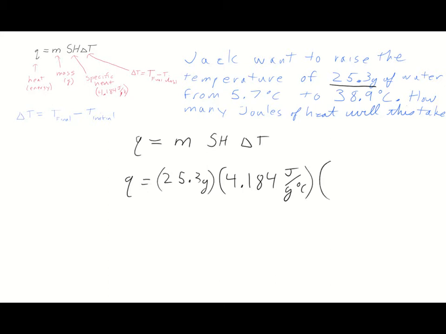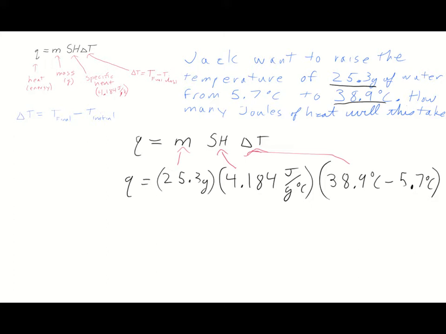They told us that we have a final temperature that we're heating to of 38.9, and we have an initial temperature of 5.7. So now we've got everything plugged in: mass, our specific heat, our change in temperature. So now we're going to plug and chug away here.